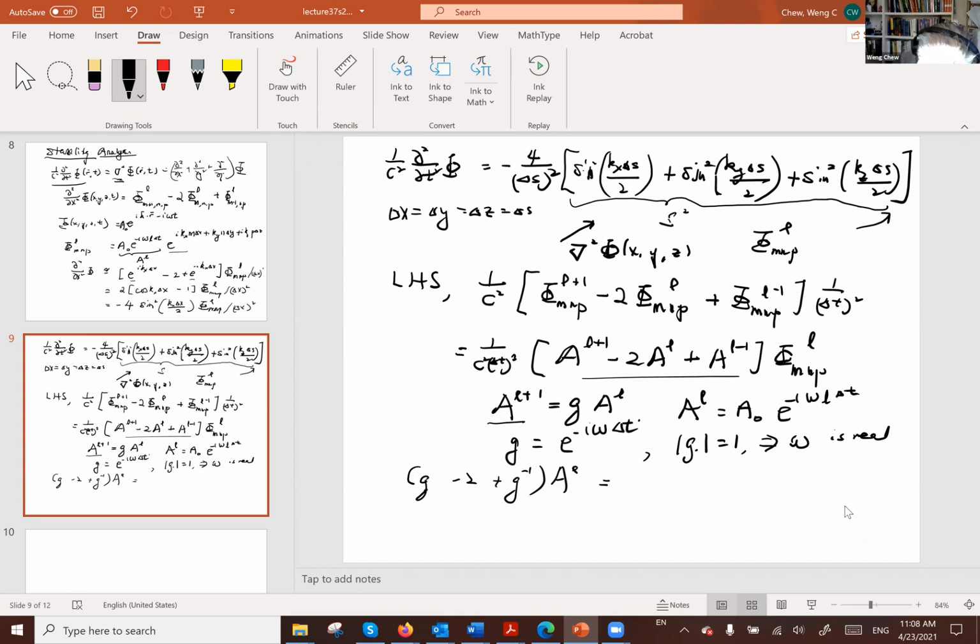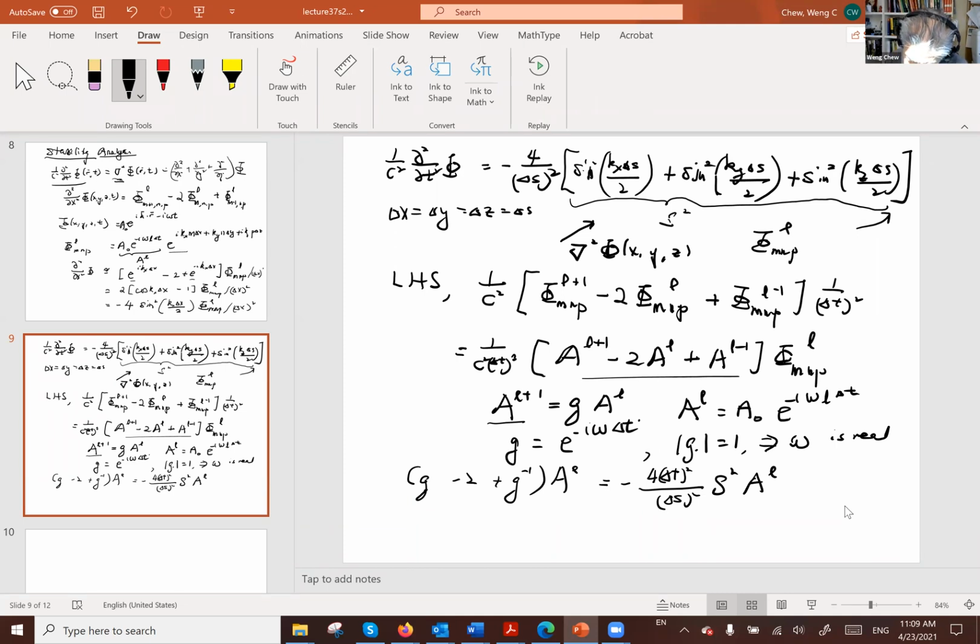And then the right-hand side would just be, I hope I get everything correct here, delta t squared over delta s squared, since I'm assuming all space steps to be the same, times s squared a_l.